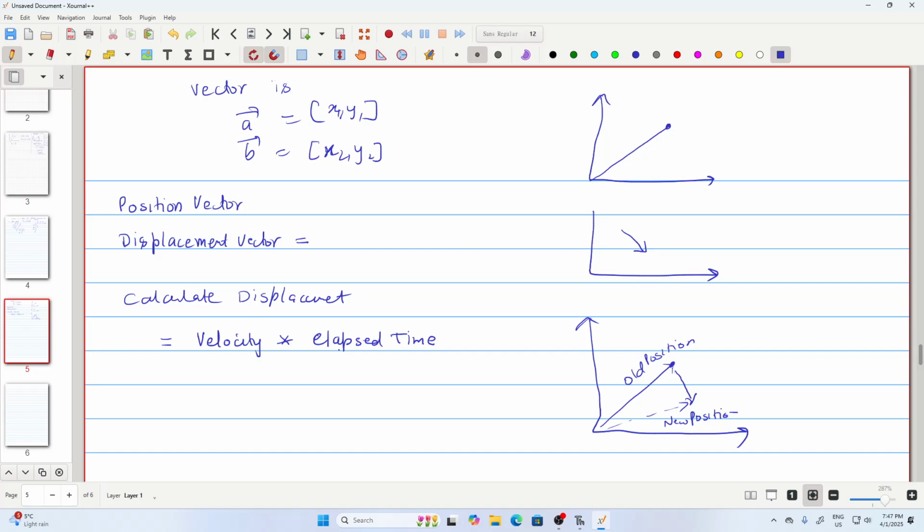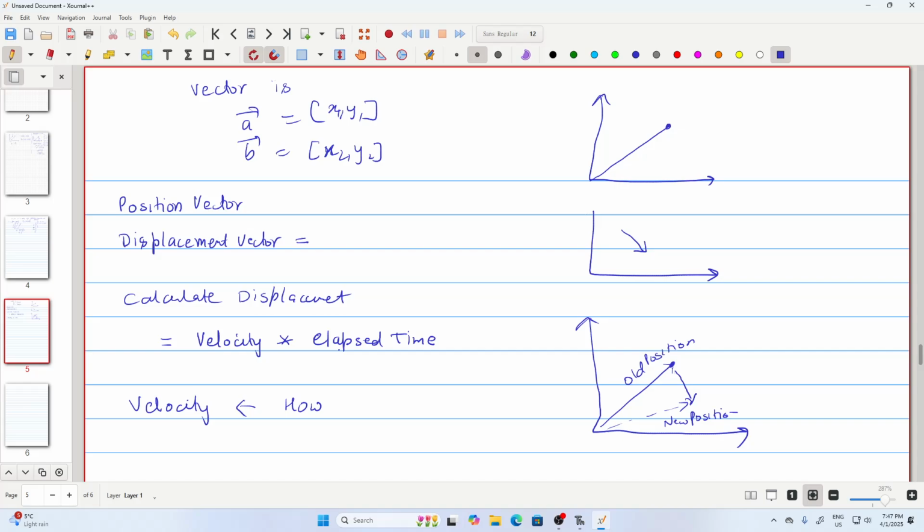So now we have a concept of velocity, and the velocity is also a vector. It will tell us how fast, or what is the speed of the object in x and y direction.